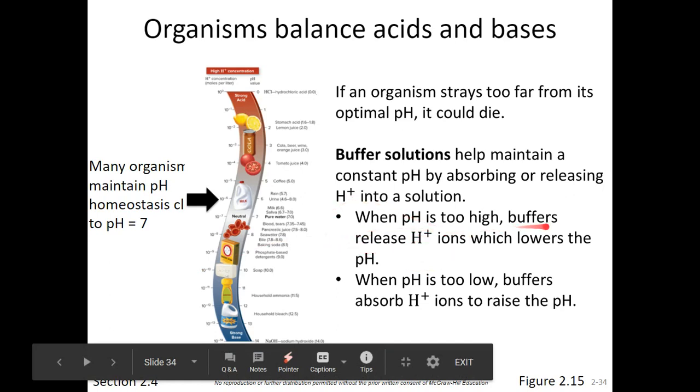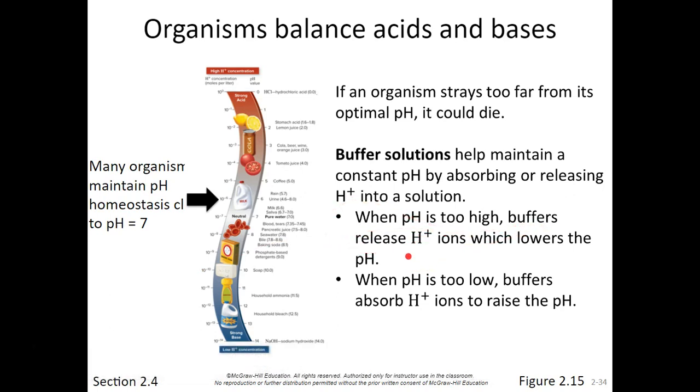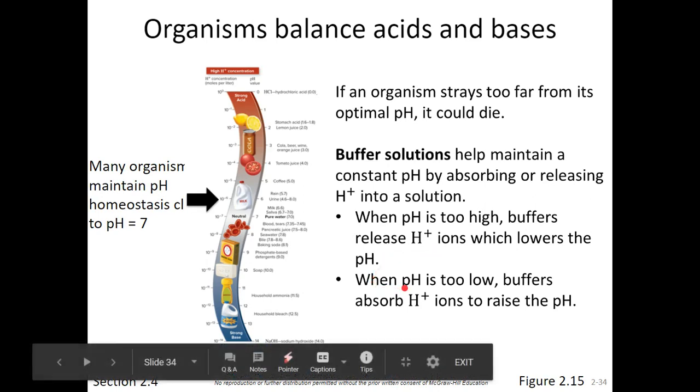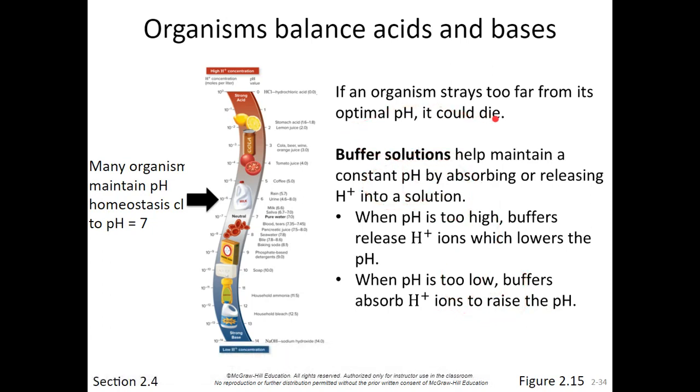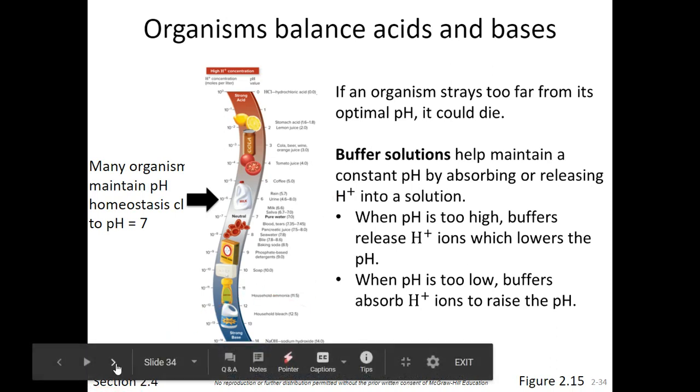When pH is too high, it releases hydrogen ions. When pH is too low, you need OH ions to raise the pH. So buffer solutions help maintain our body pH. So OH is basic, H is acidic, 7 is neutral. Anything less than 7 is acidic and above 7 is basic.